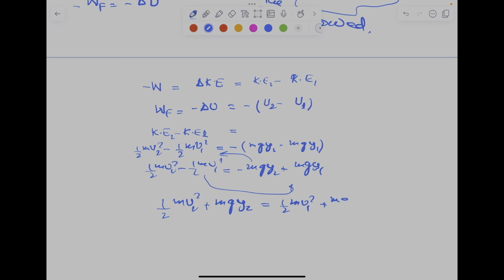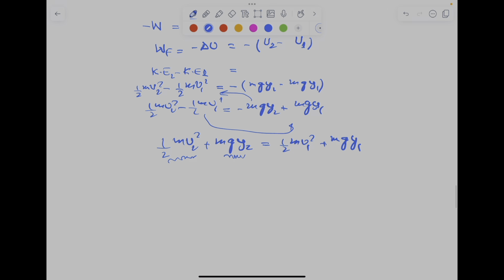So you have kinetic energy and the potential energy. So this is your total energy.